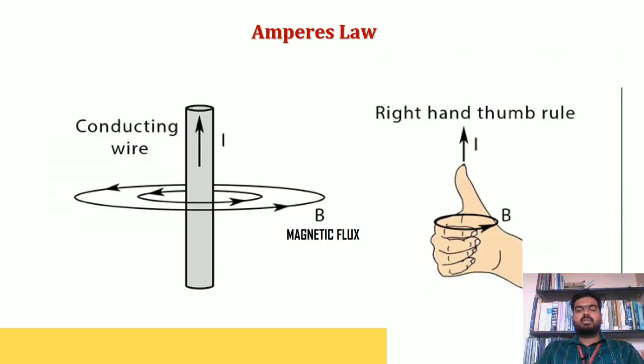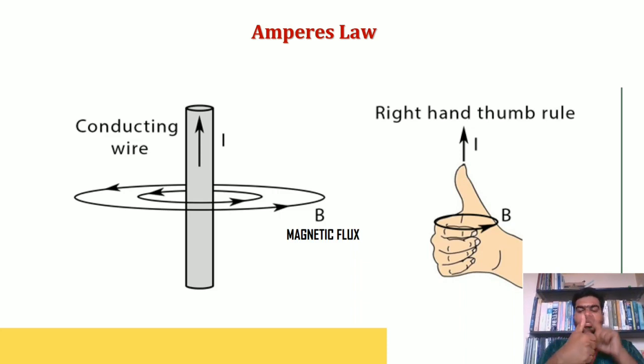And next to that is Ampere's law. This Ampere's law is the most important one, because there is a concept behind it you have to understand. If you keep your right hand thumb like this, from the thumb you have a straight line.